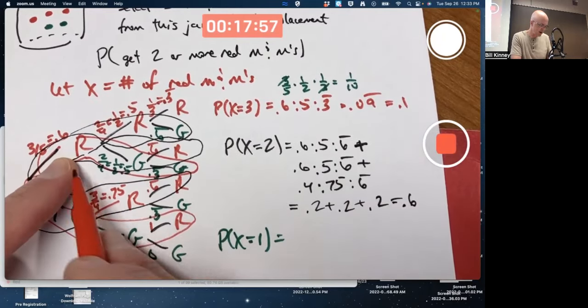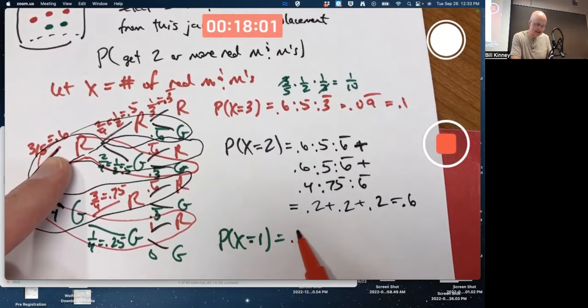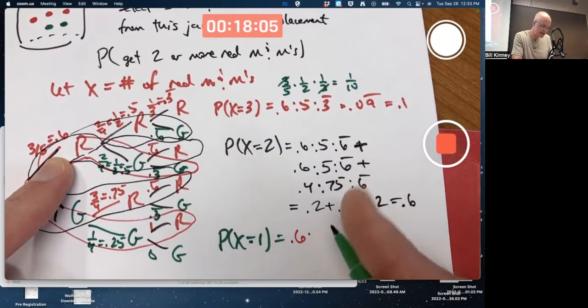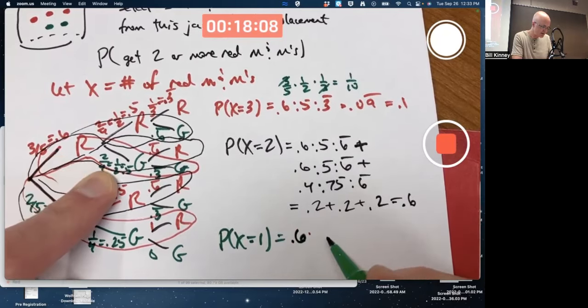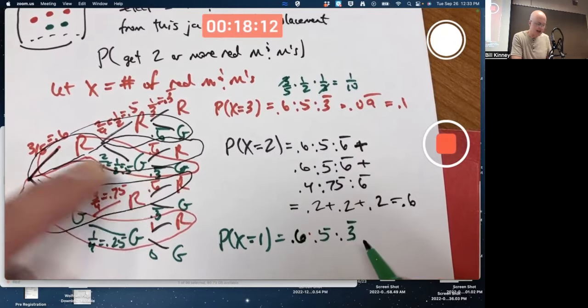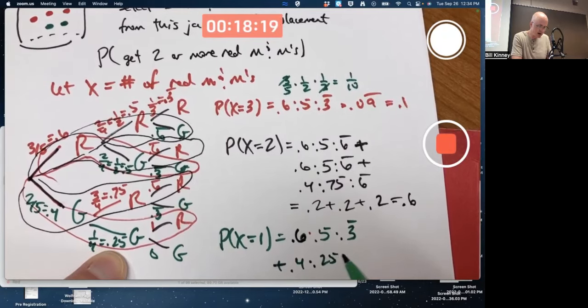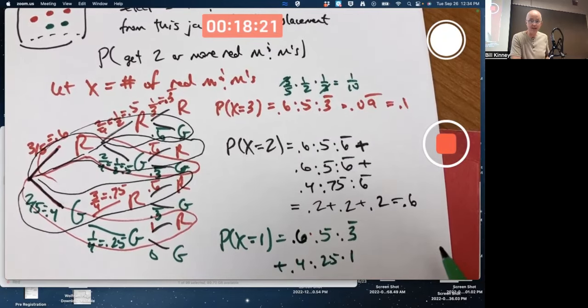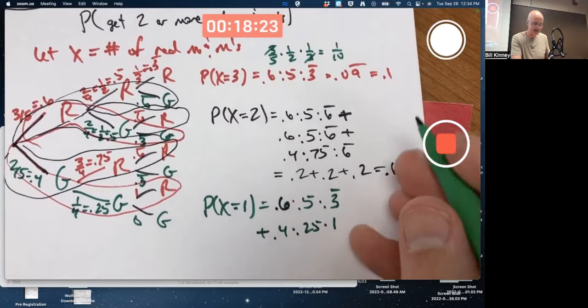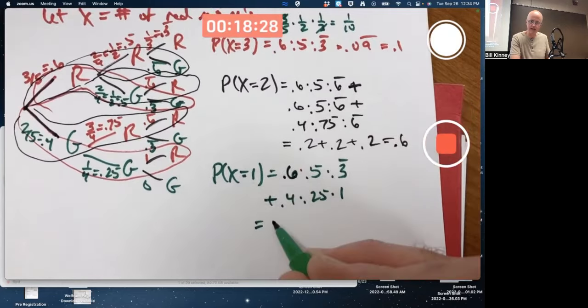I'm looking first along this path where I see the red, then the green, then the green. I see a 0.6. I should have used green here. 0.6 times 0.5 times 0.3 repeating. And then I'm looking down here, 0.4 times 0.25 times 1. I mean, the answer has got to be 0.3, right? Because these probabilities better add to 1. In the end, this should be 0.3.